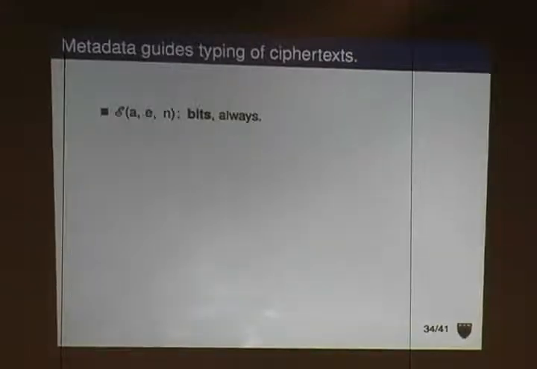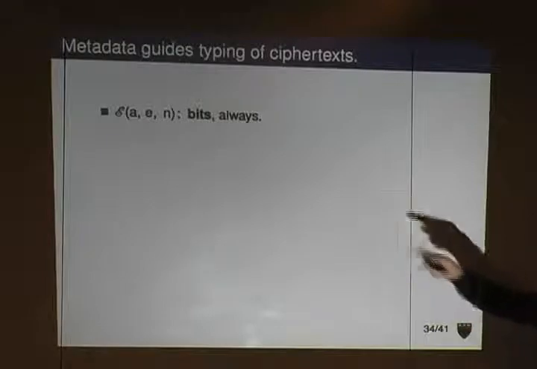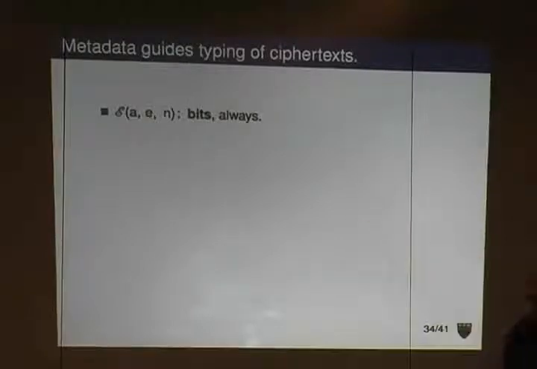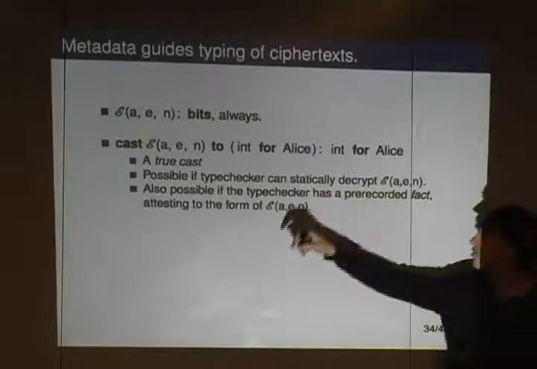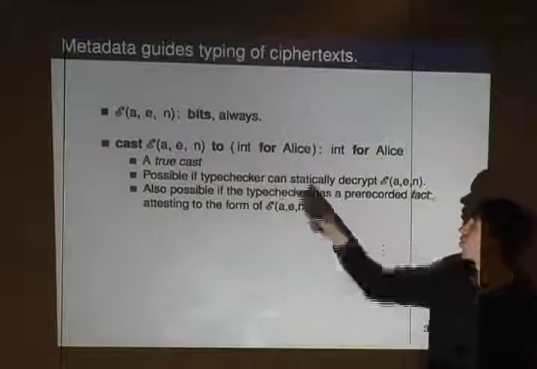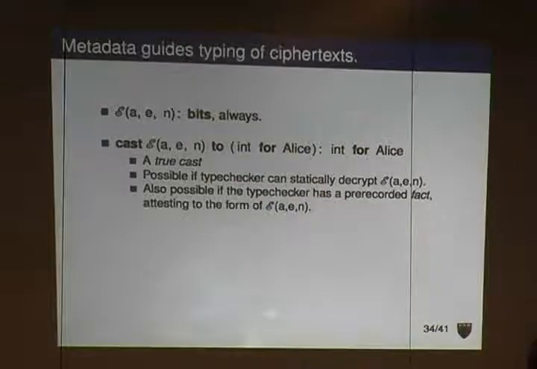The solution to this challenge in AuraConf is we're going to use this metadata that I alluded to earlier to guide how we type ciphertext. If we take a bare piece of ciphertext here, so this is just a ciphertext, we're going to say it has the type bits. But we can also stick metadata on. And so we write cast ciphertext to int for Alice, which is going to mean take the ciphertext, consider it to be an int for Alice.